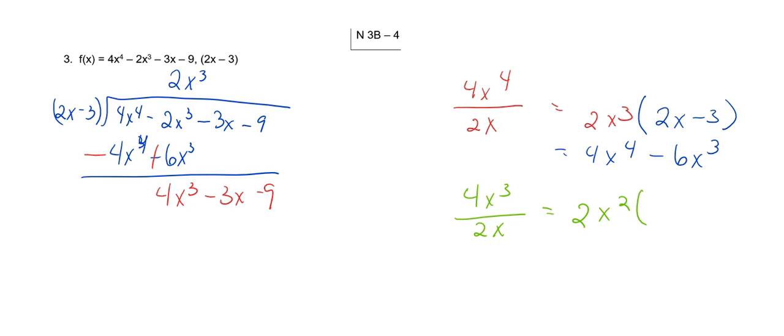2x squared, we're going to multiply that by 2x minus 3. Alright, it's going to give us 4x cubed. Okay, there's 4x cubed, and okay, we'll multiply those two together.